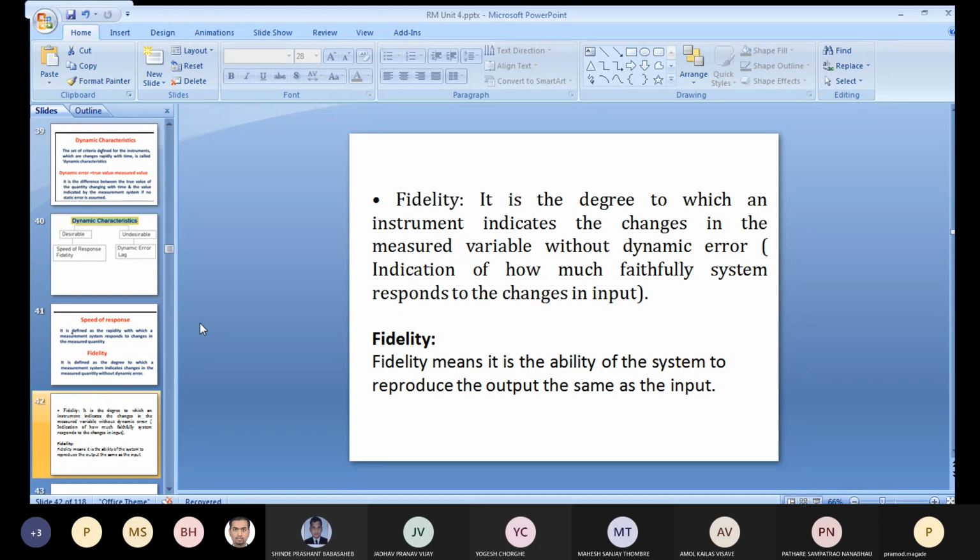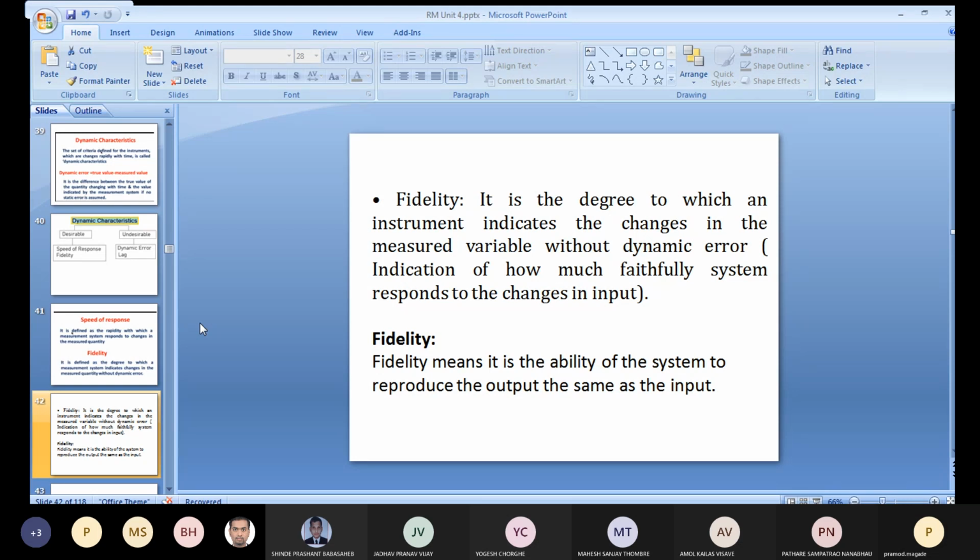Suppose wind blades were manufactured four or five years back, and at the time of manufacturing they were rated at 100 RPM. After four or five years, there may be chances that 100 RPM is reduced to 50 RPM. So that's why fidelity is important to get the proper outcome regularly.